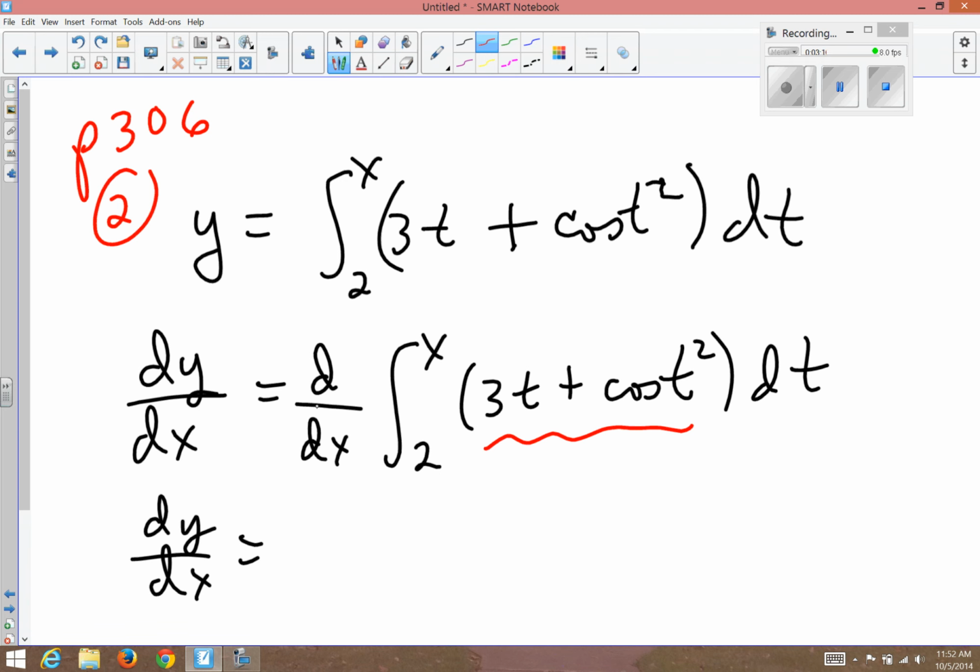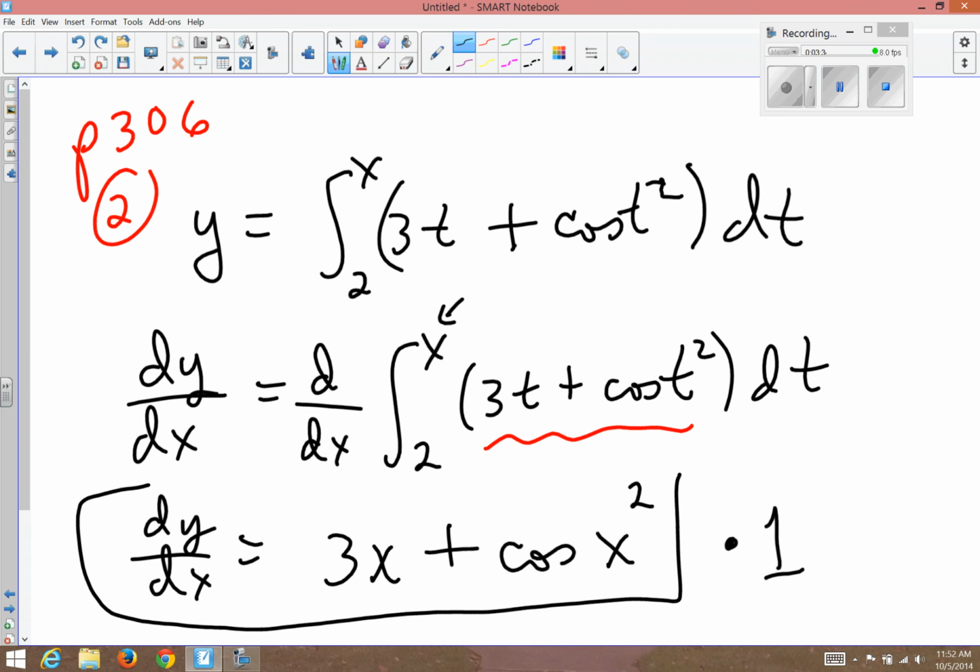These cancel each other out, derivative and antiderivative. So the result is the integrand, but the t has to take a hike. In its place, we put whatever is in the upper limit. We also multiply by the derivative of this upper limit, which is just 1. So that's the answer to number 2. That's simple. It'll take a little getting used to.